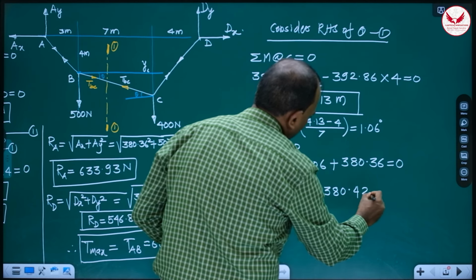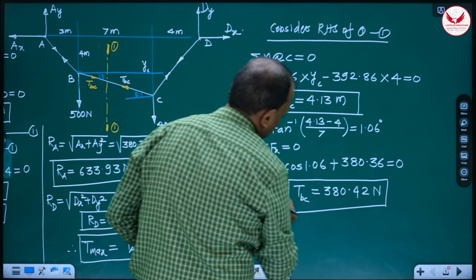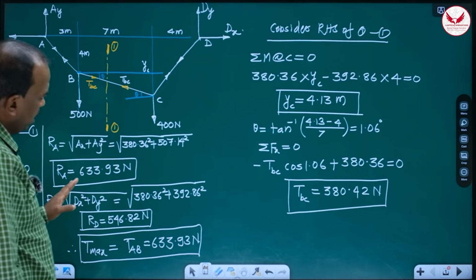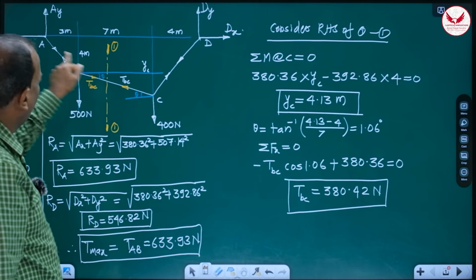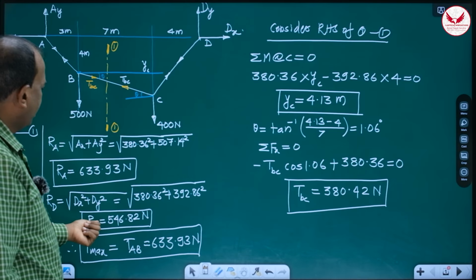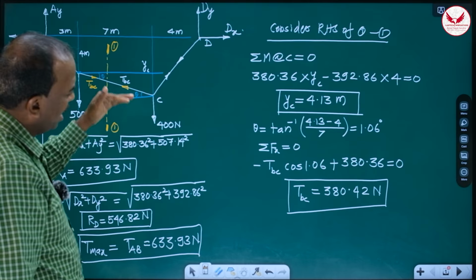And one more observation I'll tell. At the end of the complete solution of the cables example, if you see the three cable segments, the tension near the support is always maximum. At A it is maximum, 633. At D, in CD, it is 546. And the tension in the middle segment is always least.